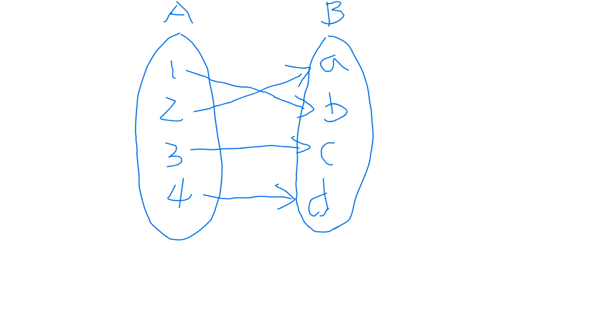Yes, the element 5 in A, and it wasn't mapping to anything. So that's not a function. For it to be a function, you can't have any domain element left out. It has to map to something.